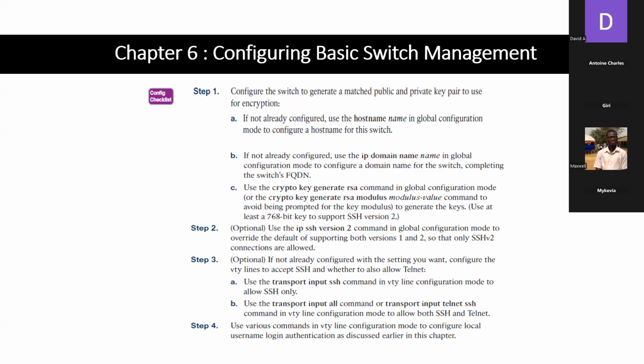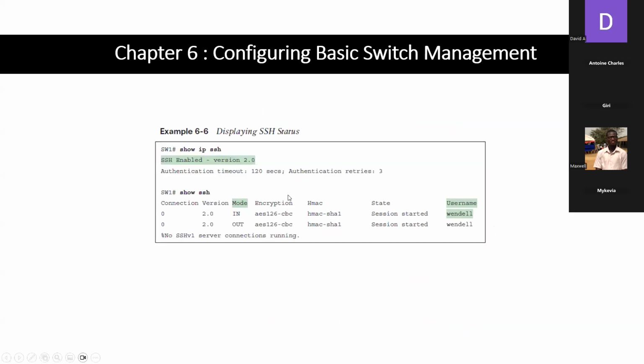And last but not least, step 4, use various commands in VTY line configuration mode to configure local username login authentication as discussed earlier in the chapter, which to me would be optional, because you can use remote authentication, what have you.